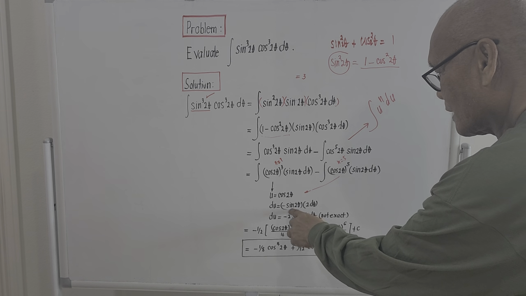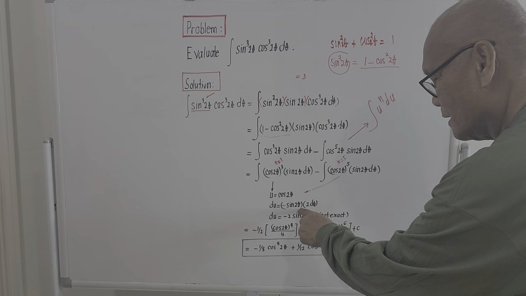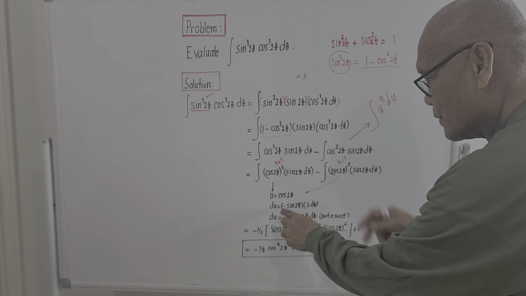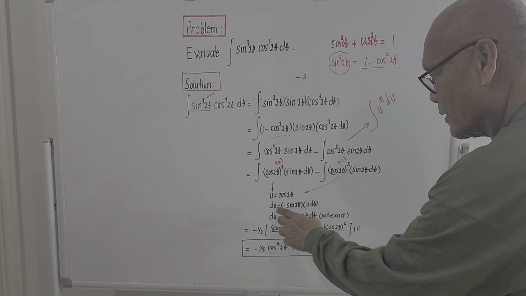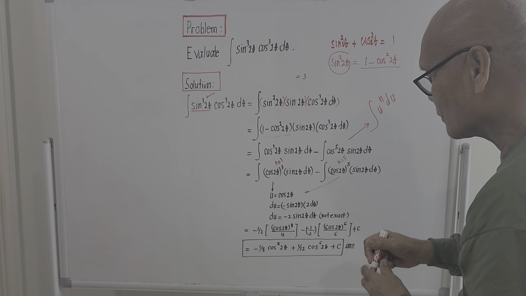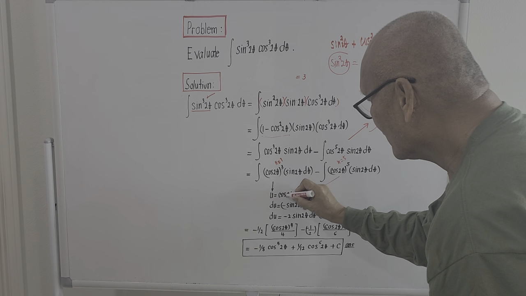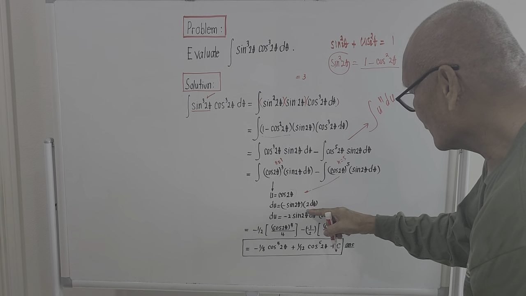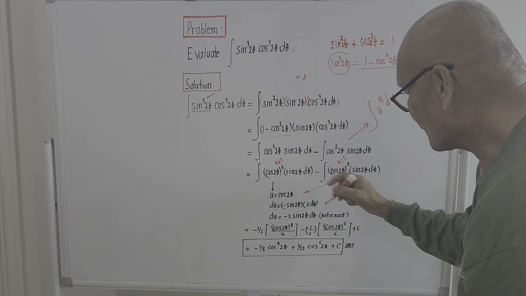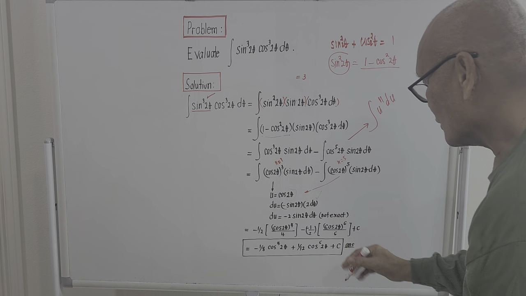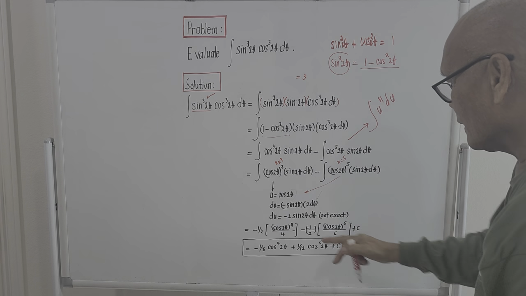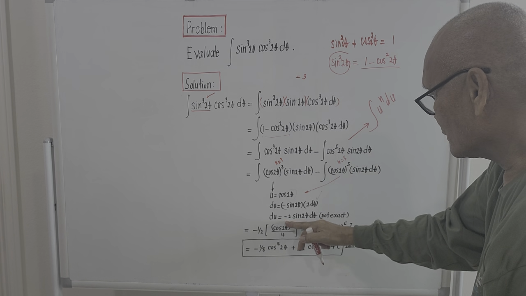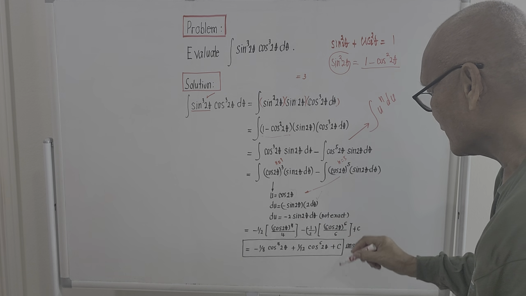So it will be negative sine of 2 theta, times the differential of the angle. The differential of this one is actually 2, and the differential of theta will be d theta. So if we expand this one, it will be negative 2 sine of twice theta d theta.